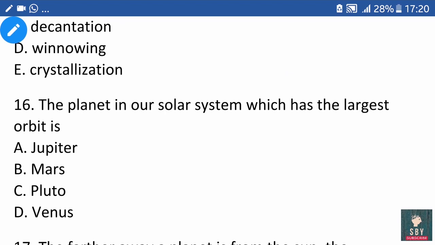The planet in our solar system which has the largest orbit simply means the planet which is farthest away from the sun. All the planets are always going around the sun.